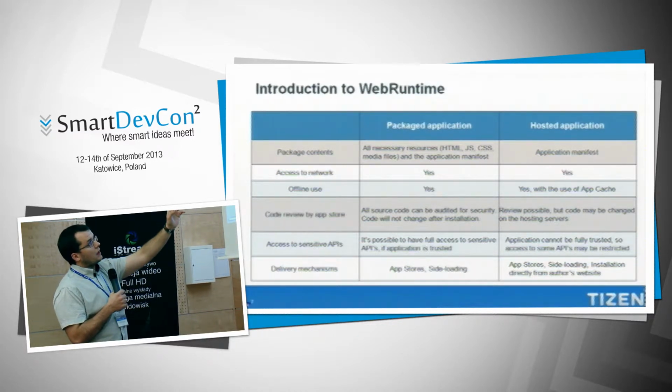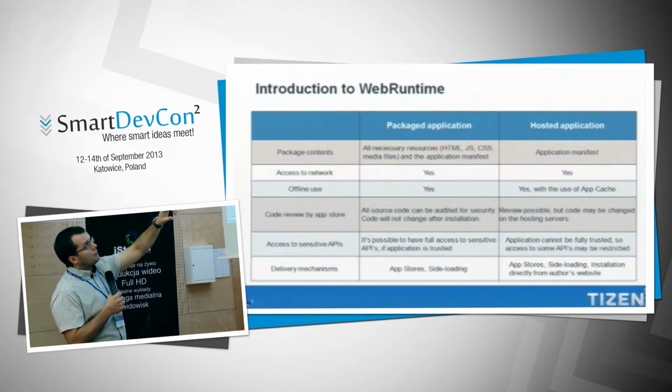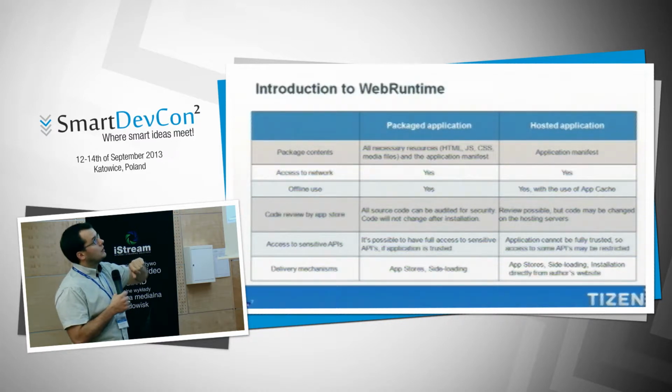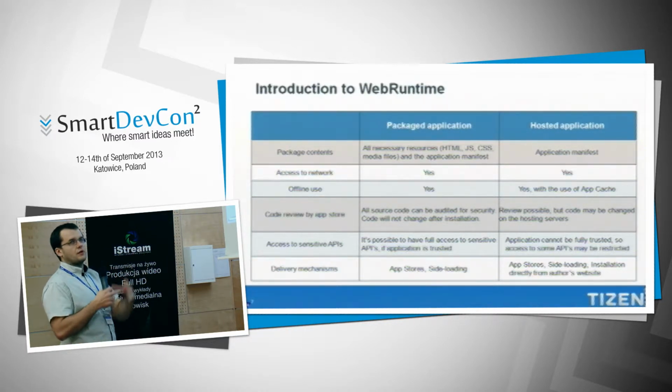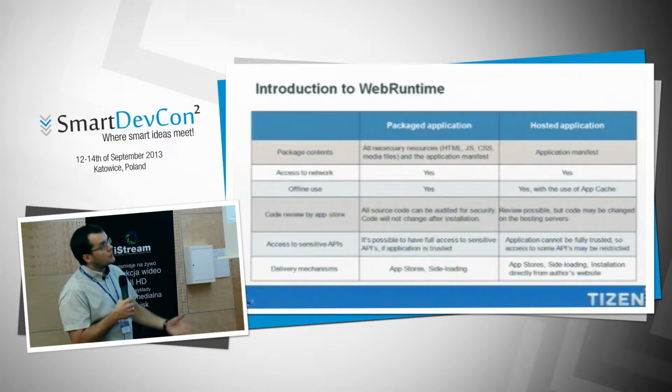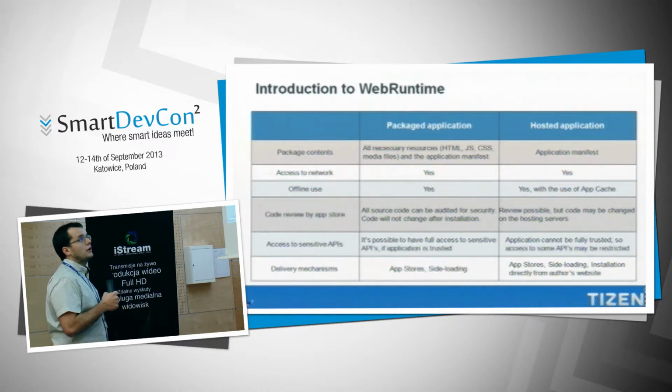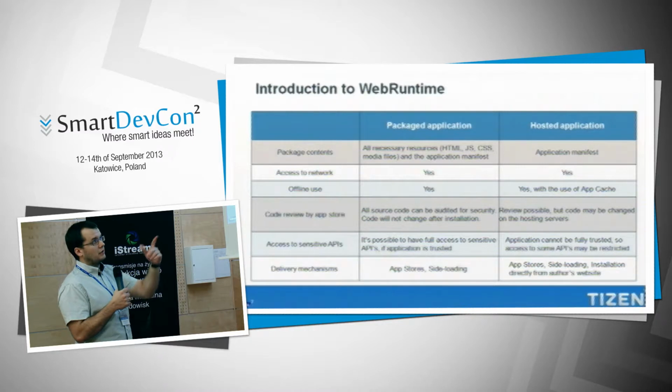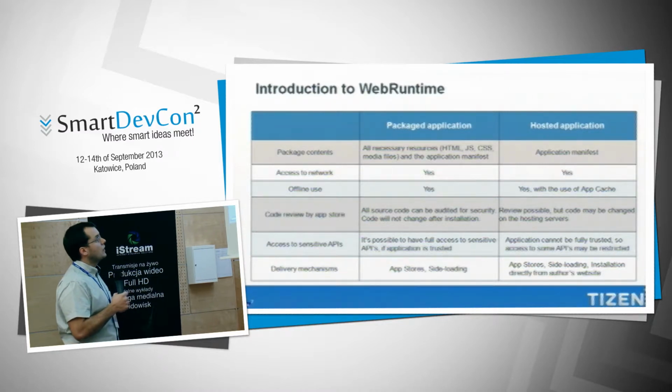Both types of applications have access to network, and for the packaged application, it's possible to run it in offline mode by default because all the resources are already installed and delivered in the package. Whereas for hosted applications, it is possible to run it in offline mode, but you would have to use another mechanism like app cache.